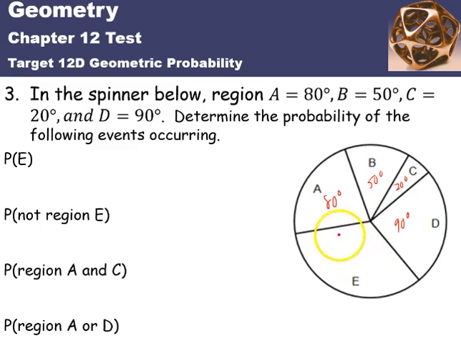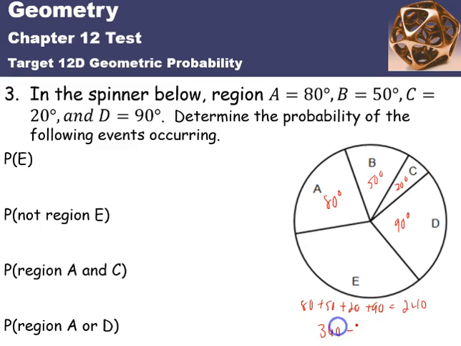So I should be able to add those up and subtract from 360 to find out what E is. So let's go ahead and do that. 80 plus 50 plus 20 plus 90 is 240.